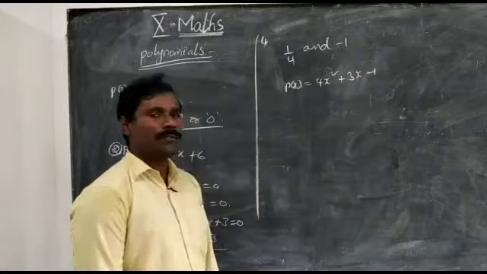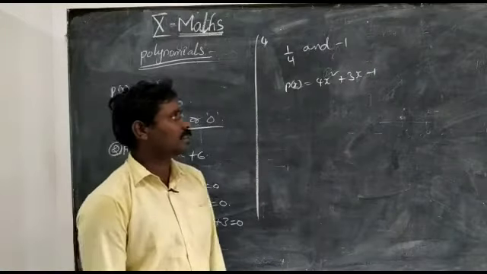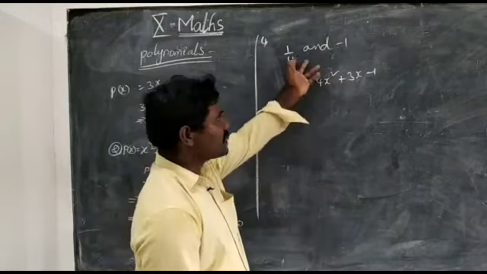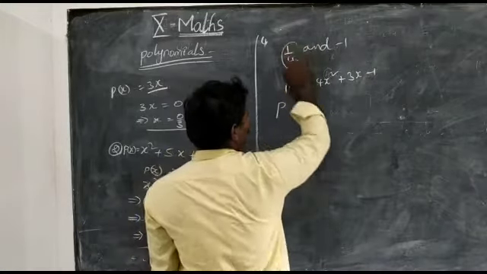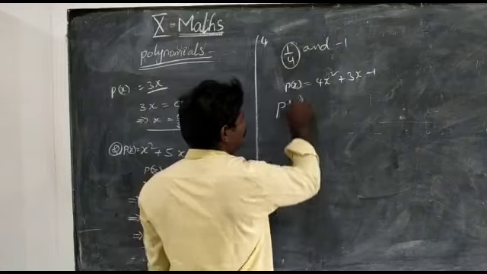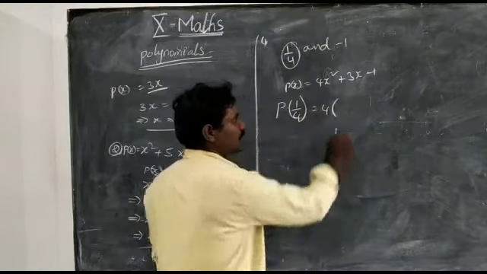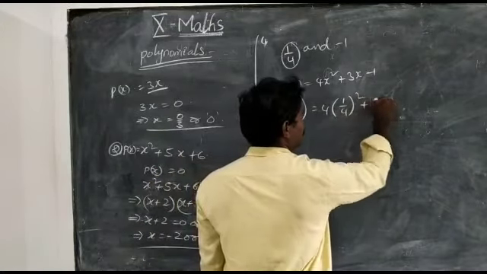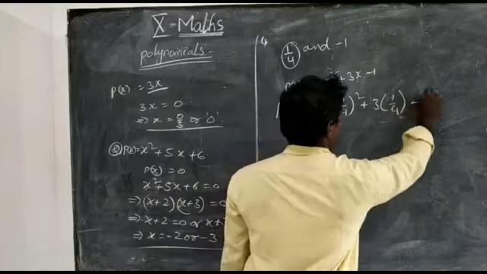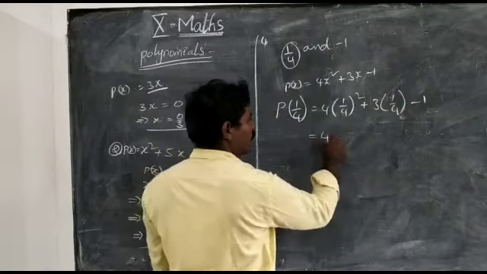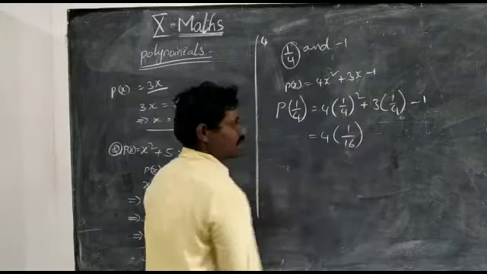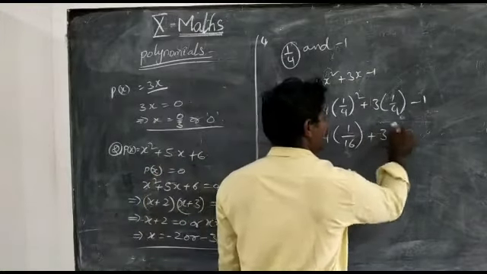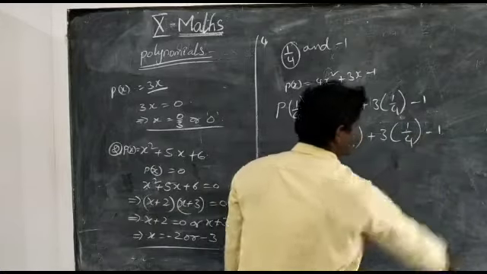The given polynomial p of x equal to 4x square plus 3x minus 1. Why are these two the zeros? See here, if it is a zero, substitute here p of 1 by 4 equal to 4 into 1 by 4 whole square plus 3 into 1 by 4 minus 1. If you simplify, 4 into 1 square is 1, by 4 square is 16, plus 3 into 1 by 4 minus 1.